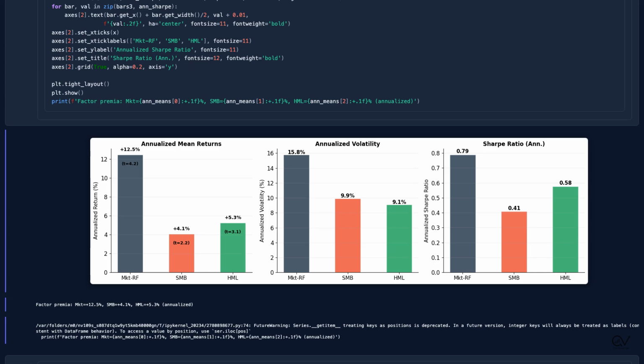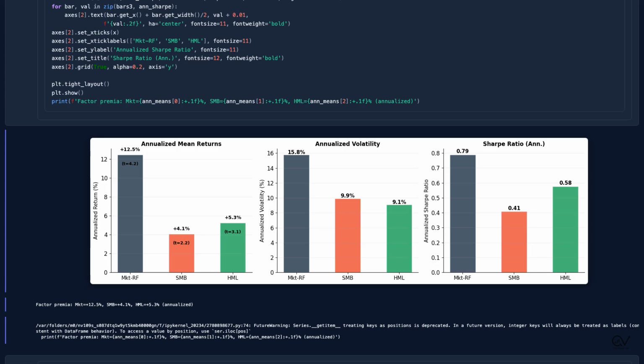The middle panel gives the volatilities: about 16% for the market, 10% for SMB, and 9% for HML. Put those together, and the Sharpe ratios on the right rank the market first at 0.79, HML second at 0.58, and SMB last at 0.41.